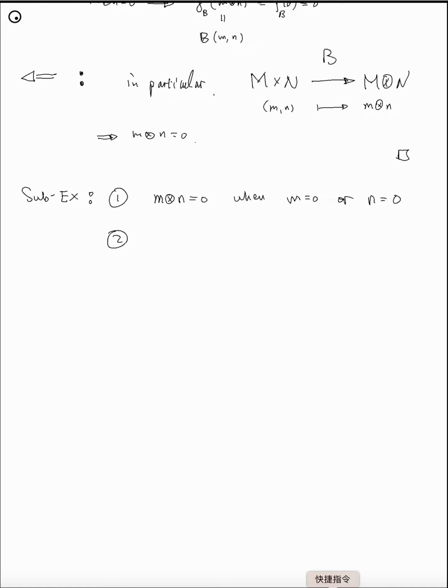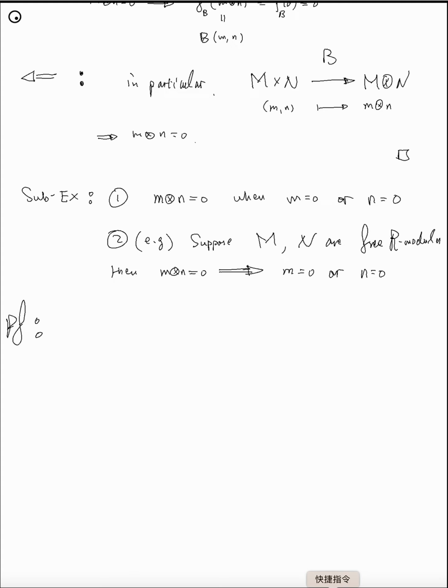Secondly, this is just an example, I'm not giving you the most general statement. Suppose M and N are free modules, then M tensor N equals 0 conversely also implies M equals 0 or N equals 0. Okay, let's prove this sub-exercise.